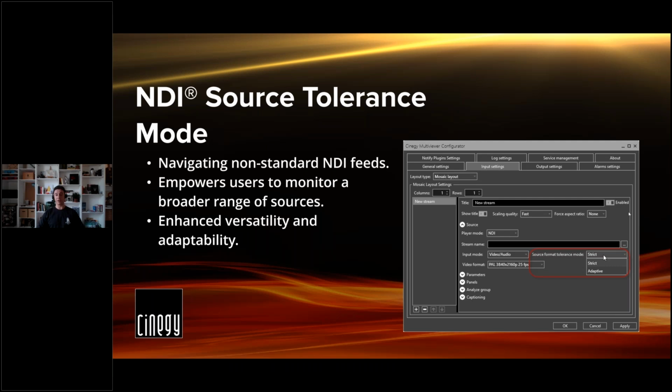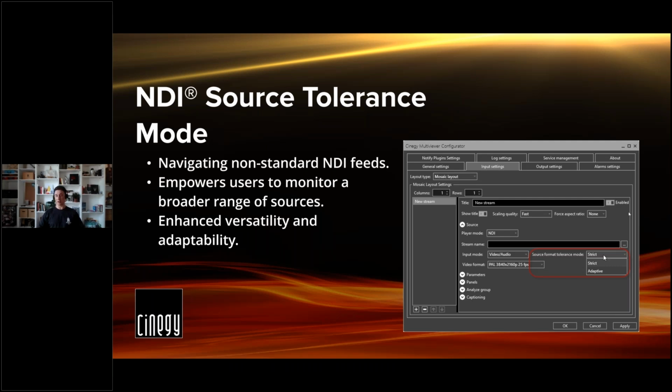with all these NDI receivers, it is expected in the software world that you would specify the parameters of the stream as well as you could do it. So we only offer the TV formats that are the SMPTE standards effectively. But if you switch to adaptive mode for source format tolerance, you would be able to bring in any sort of feeds into your multiviewer, and the decoder will just adjust and will show it seamlessly.